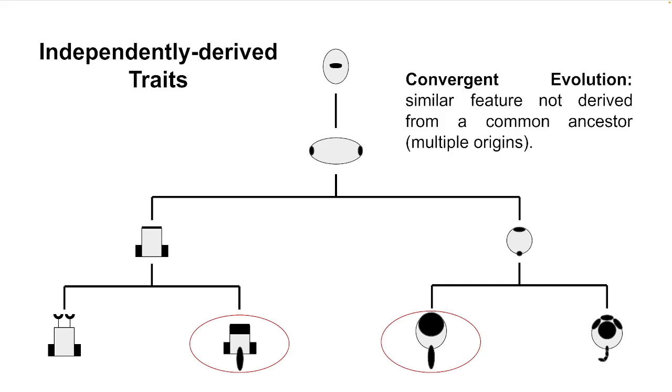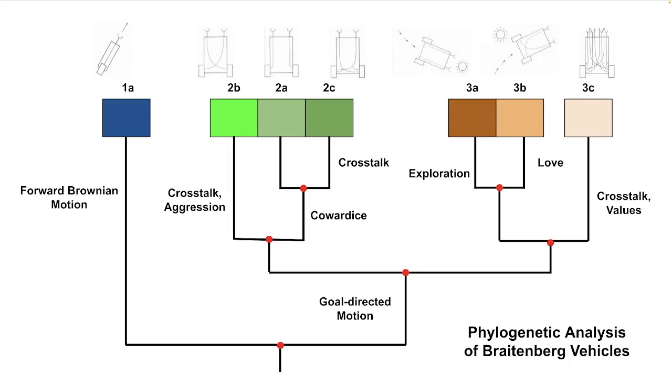So we have two examples of convergent evolution here, taking different evolutionary pathways, but yielding basically similar or the same traits. So convergent evolution are similar features that are not derived from a common ancestor and have multiple origins. Back in the Breitenberg vehicles phylogenetic analysis, crosstalk would be an example of convergent evolution.